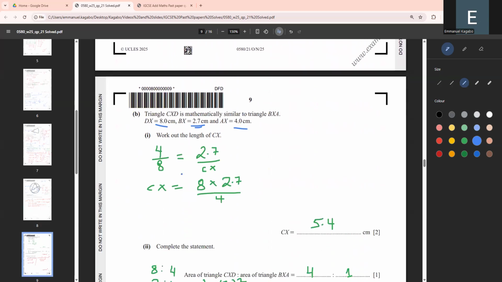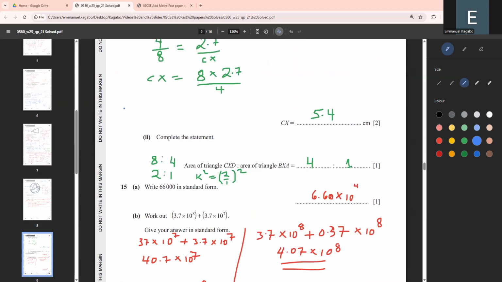So what's the ratio of the length? It will be 8 to 4. When I simplify, I'll get 2 to 1, but that is the side. So when it comes to area you square it. That's why I'm squaring that, and I get 2 over 1 squared, which gives me that. The linear ratio is this one, and the area ratio is the square.